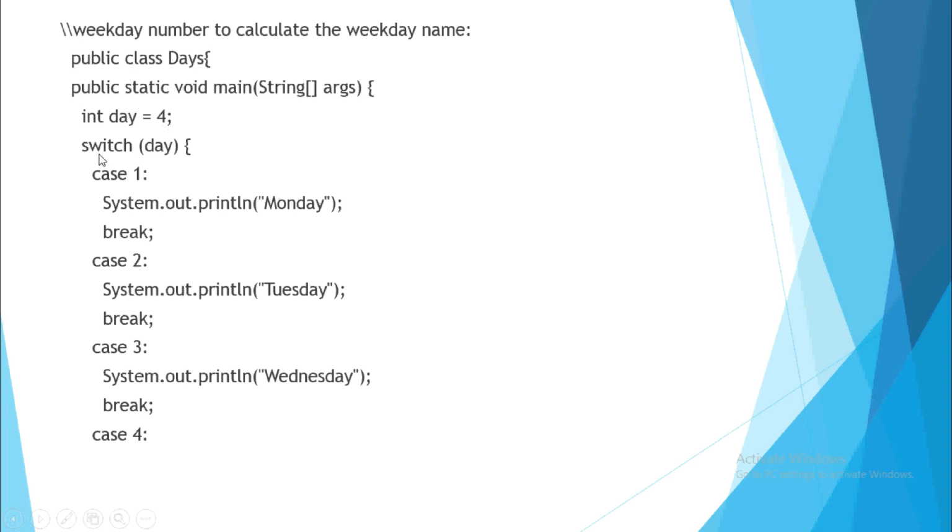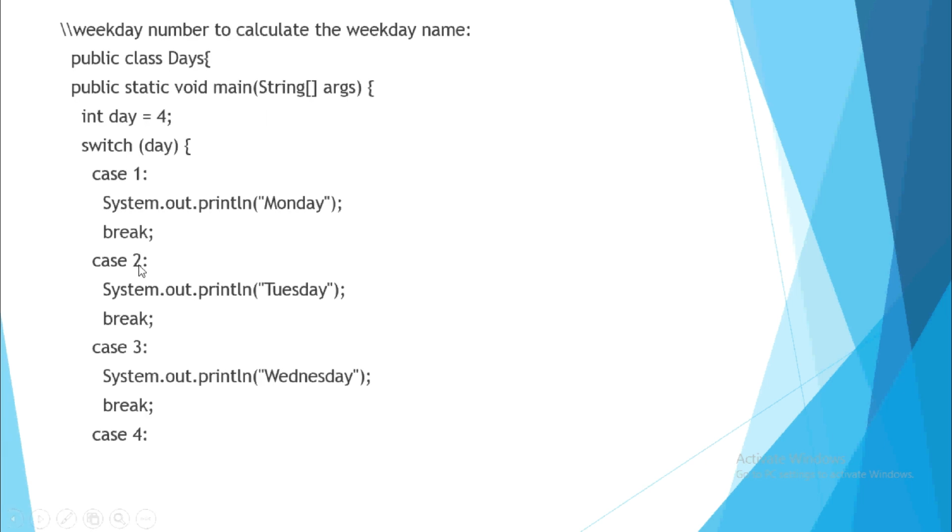Okay, and in switch I am writing switch day. So over here 4 will come. Now case 1, if this one is matching with this value, then Monday will be printed. Otherwise it will break. Break means it will come out or leave the rest of the execution. Now this value is not satisfying, so it will go to case 2. Over here this 2 is matching with the day 4?